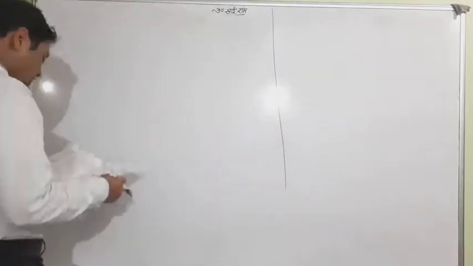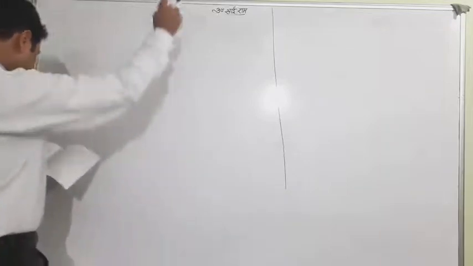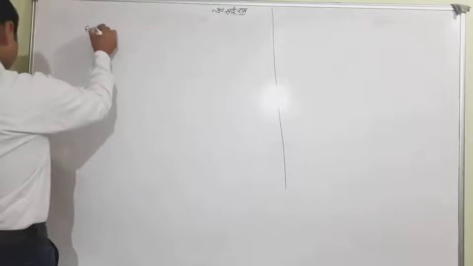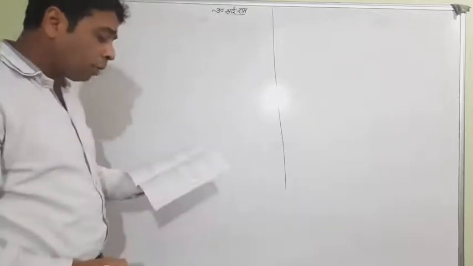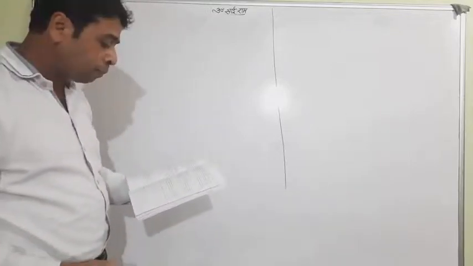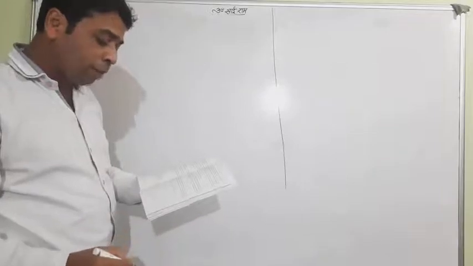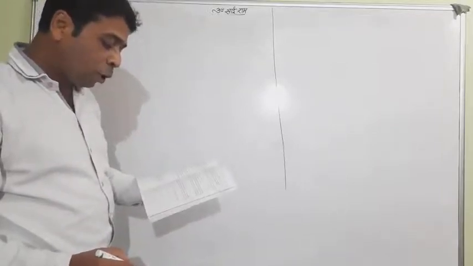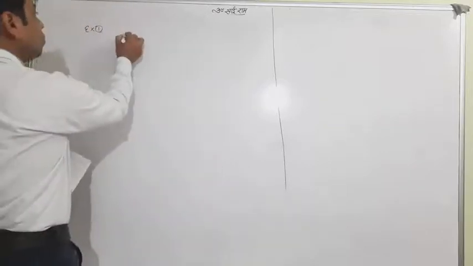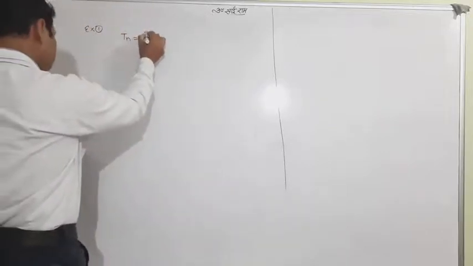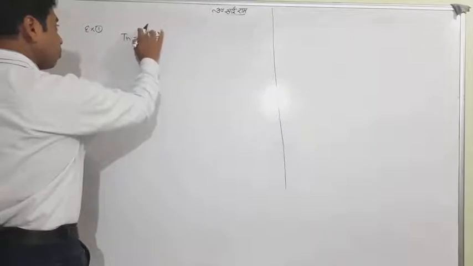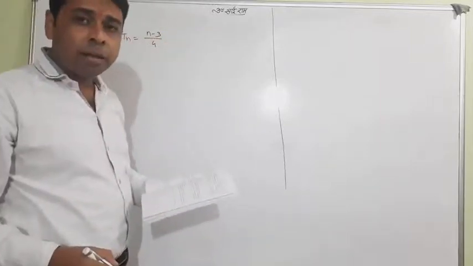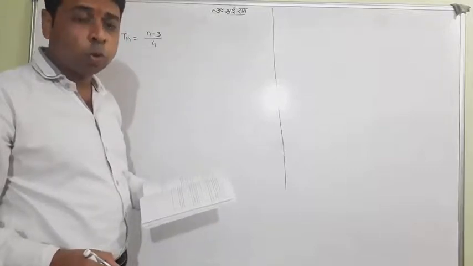I'm taking some easy examples. Example number 1, on page 179: write the first 3 terms if an is equal to n minus 3 upon 4. In the book the nth term is given by an, but I take Tn so you don't get confused.